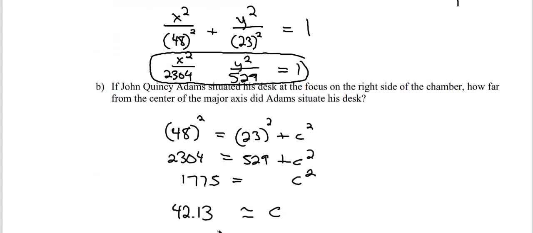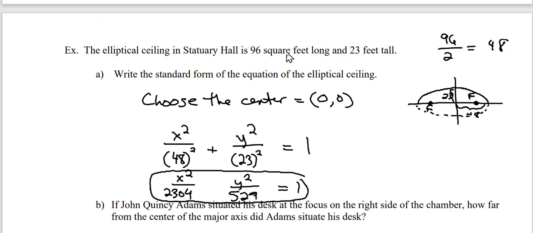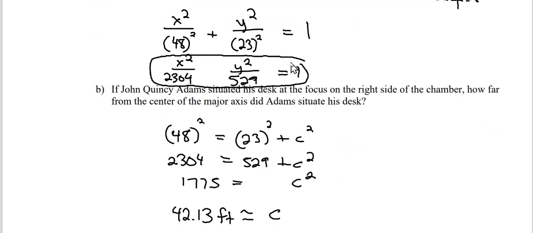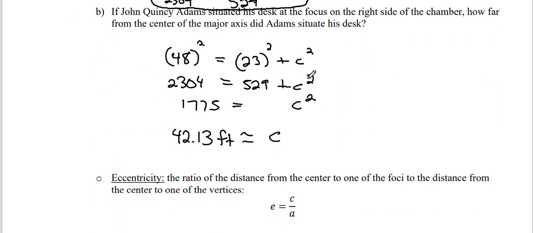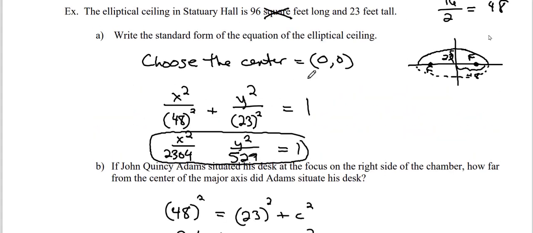Oh, you know what? I realized I have a typo up there. This should not be square feet long. It's just feet long. 96 feet long. 23 feet long. Okay, so where should he have his desk? 42 feet approximately from the center.